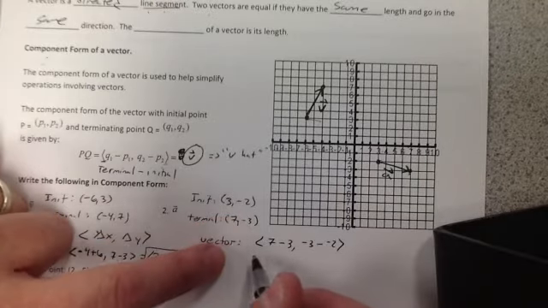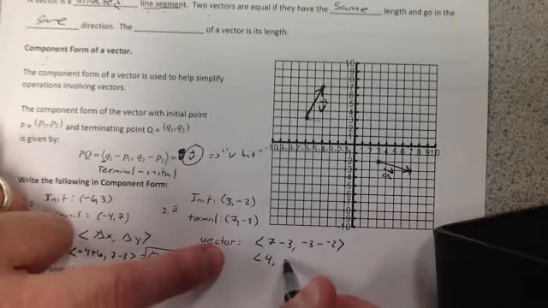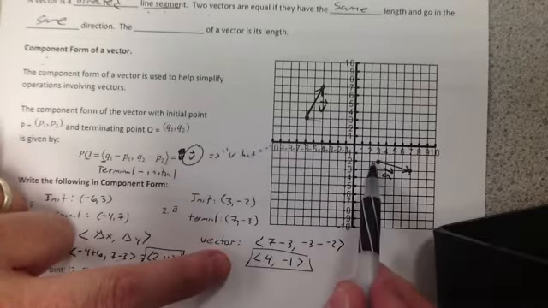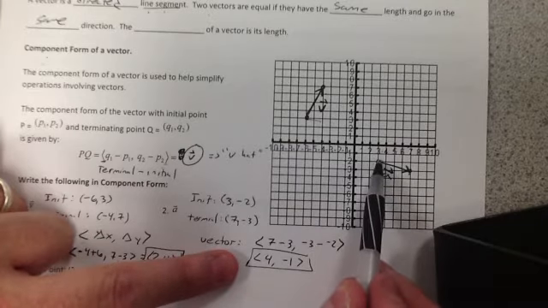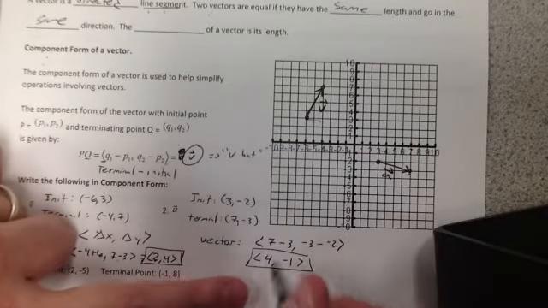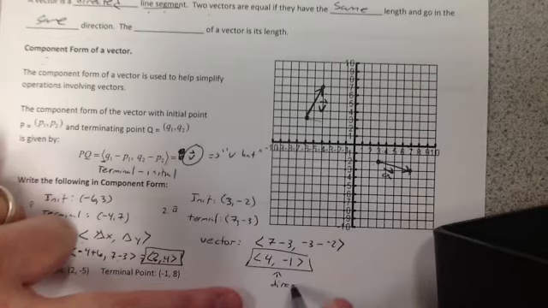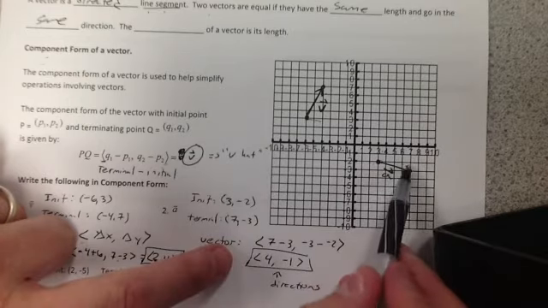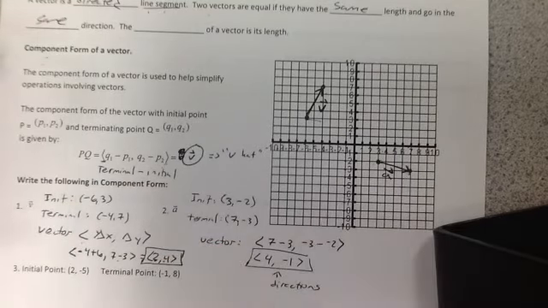Put your chevrons on, and what we get is 4, negative 1. And there's our vector. What's it telling me to do? From where I started, I'm going to go right 4, down 1. It's like directions. Think of a vector as being like directions. You're going to go right 4, down 1. And there we have our vector.